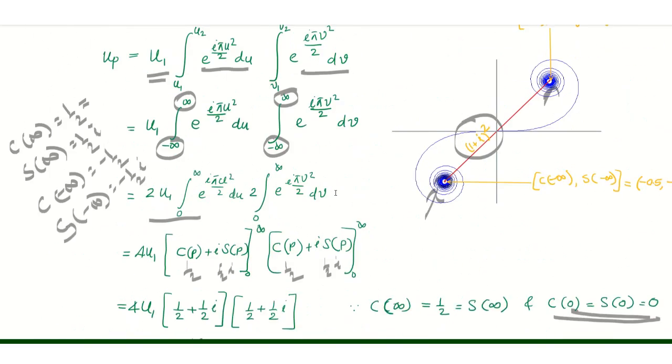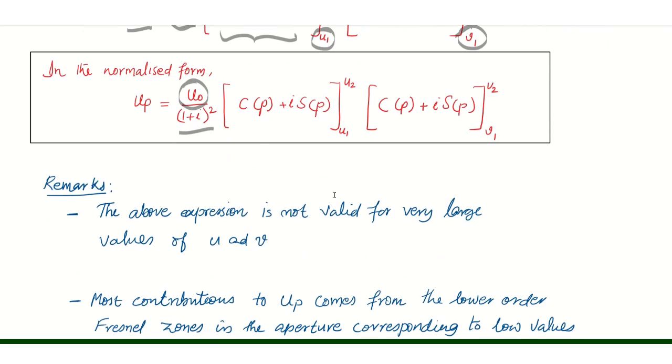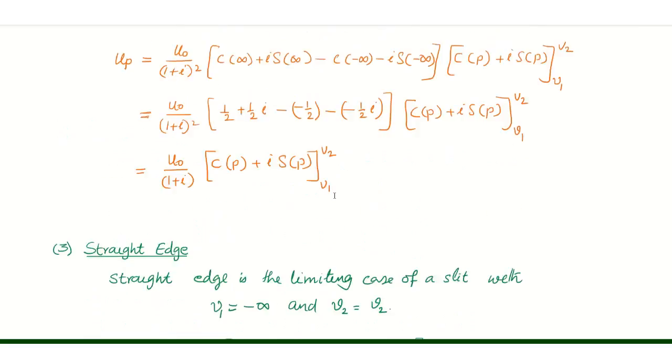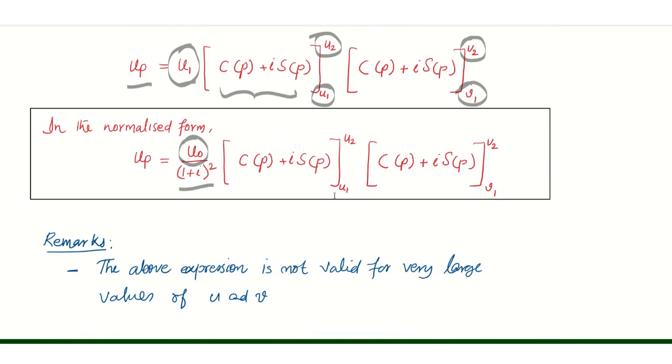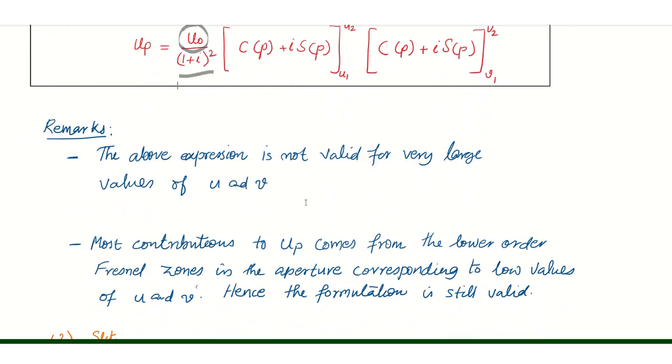Now you have an expression which can be adapted to the specific situation we are in. There are certain remarks that you should realize. The expression is not valid for very large values of u and v.